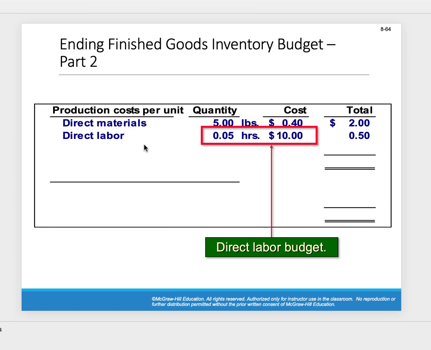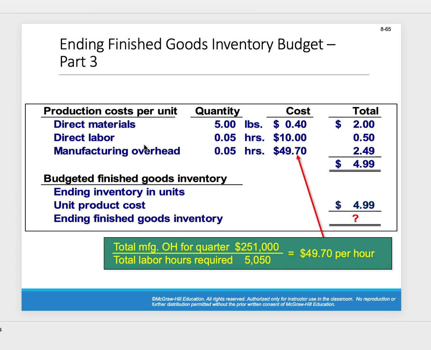Okay? So then we can go ahead and do our finished goods budget, right? We know how much it costs us. Direct material takes 5 pounds per unit, costs us 40 cents. That's $2 of direct material. Direct labor, we use 0.05 hours times $10 per hour.